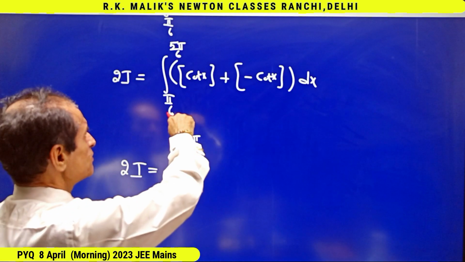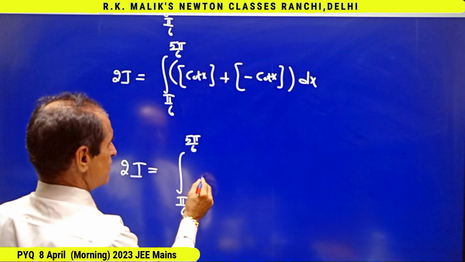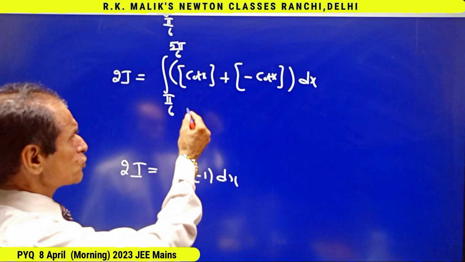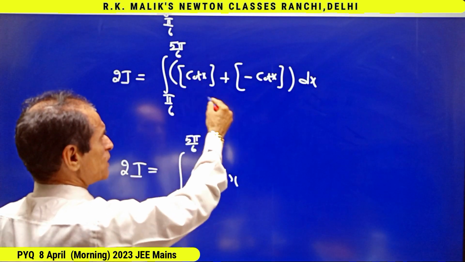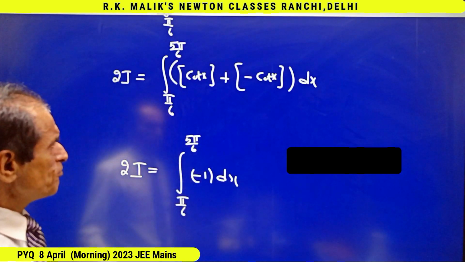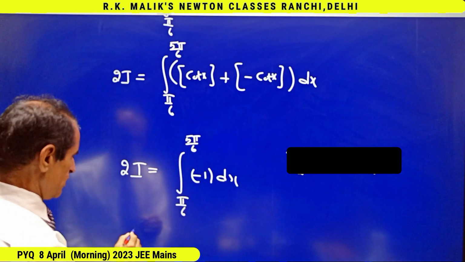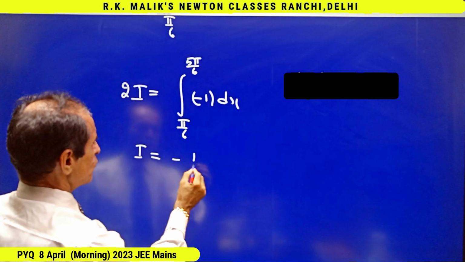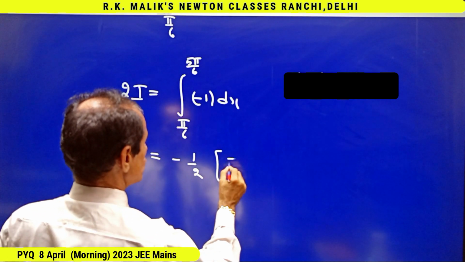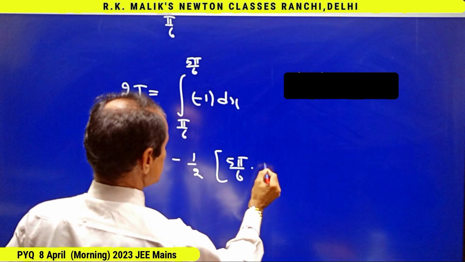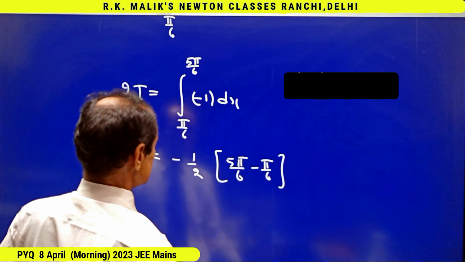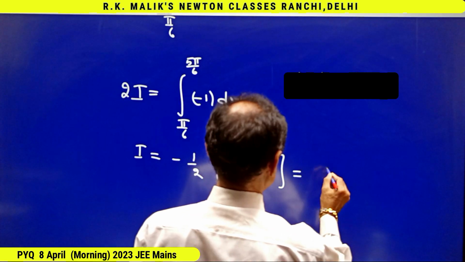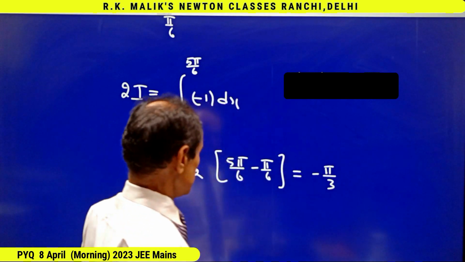Ignoring those points where this can become 0, the value of this is minus 1 dx, and I get I equal to minus 1 by 2 into (5 pi by 6 minus pi by 6), that is, I'll be getting minus pi by 3.